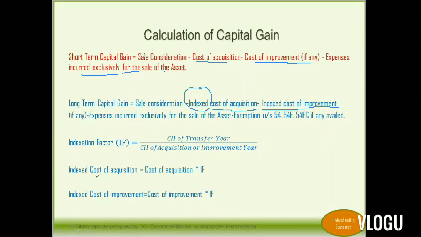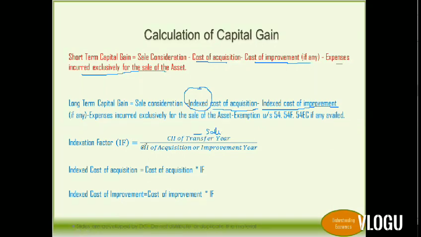Now we need to calculate the indexation factor to find out the indexed cost of acquisition and the indexed cost of improvement. Indexation factor, we have already studied it. The formula is that in the numerator, we consider the CII of the transfer year. Transfer year means the year when the sale is conducted.